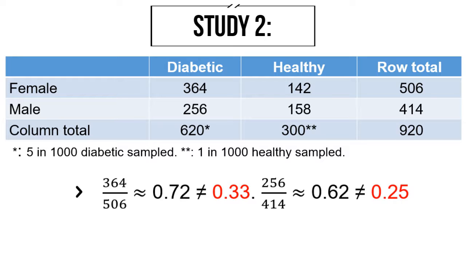And for males, 256 divided by 414, and that equals 0.62. These numbers are not close to the population risk of 0.33 and 0.25. If the samplings were repeated, the calculations will still produce risk estimates that are too high. The current sample table cannot be used in the same way to yield good estimates of population risk and RR.